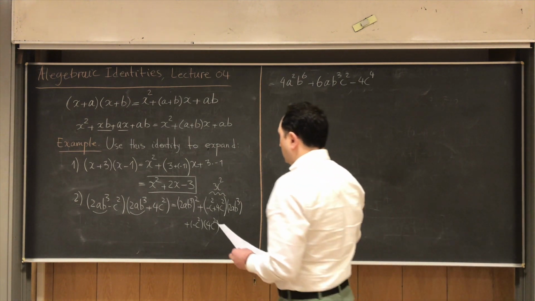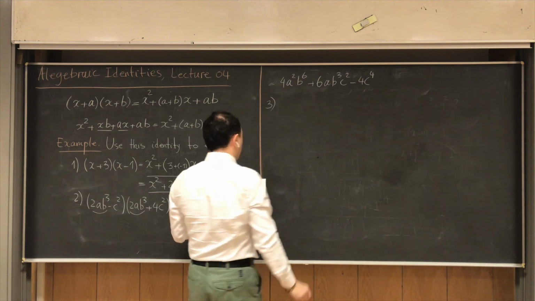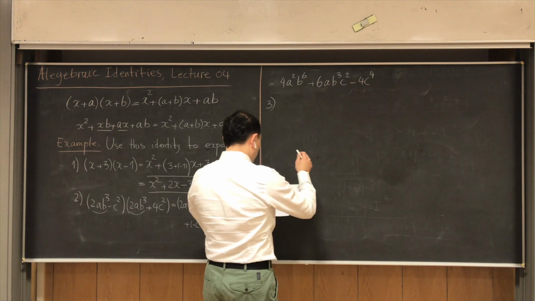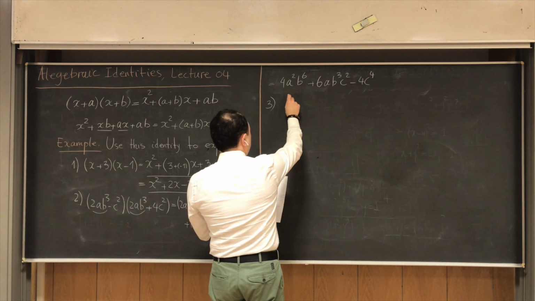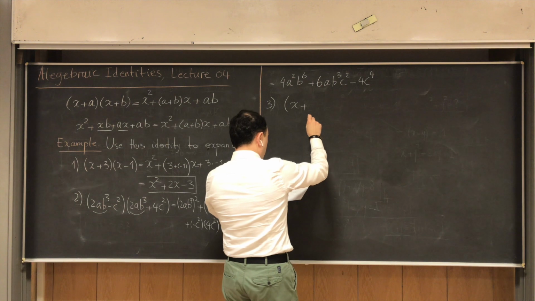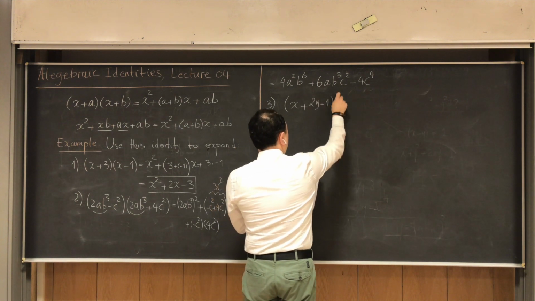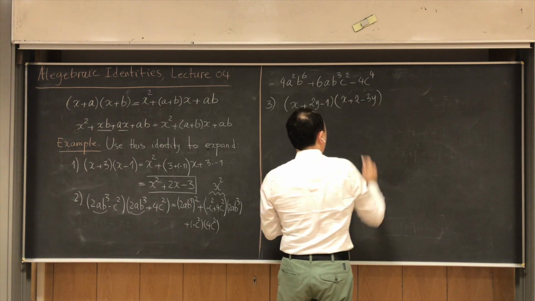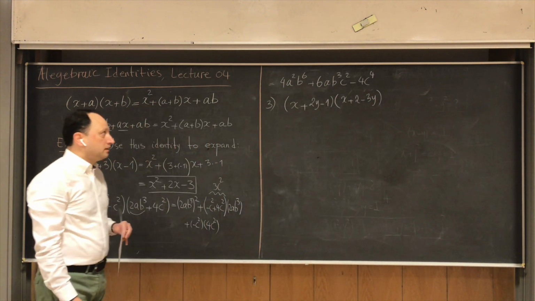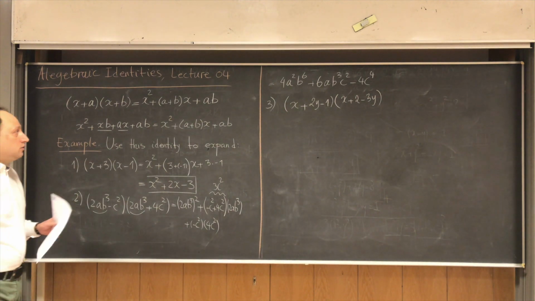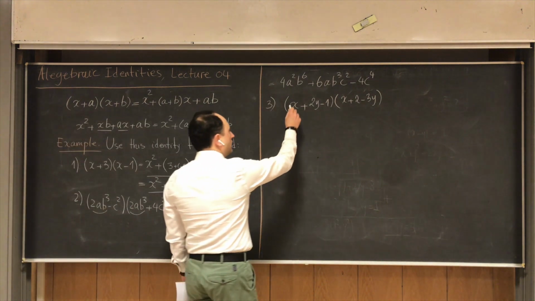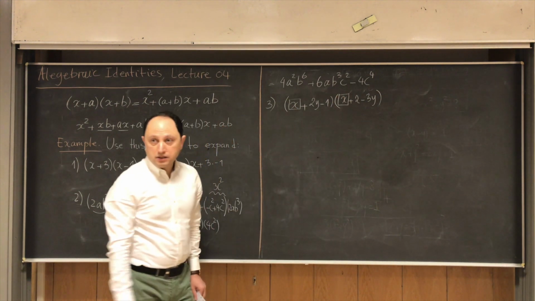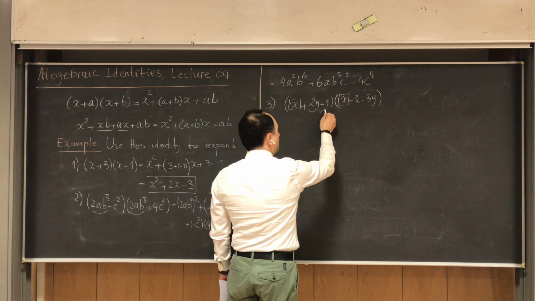Okay, let me give you a little bit more interesting example. Number 3, for example, what can we do if I want to calculate (x plus 2y minus 1) multiplied by (x plus 2 minus 3y)? Here you can see that there is only one term in common, this is x, and of course these two terms are not in common.